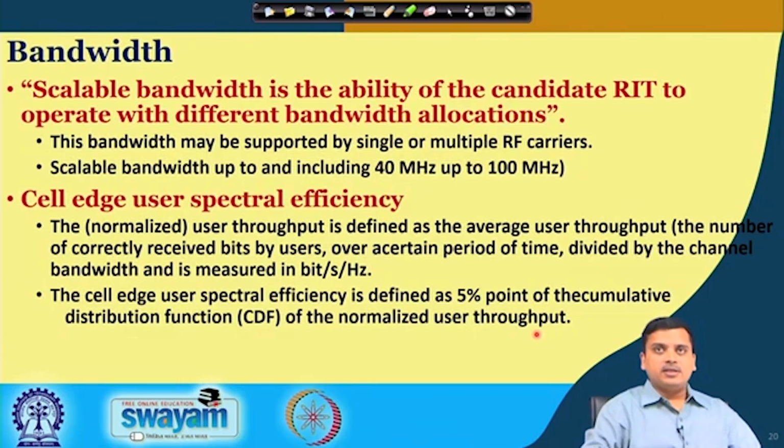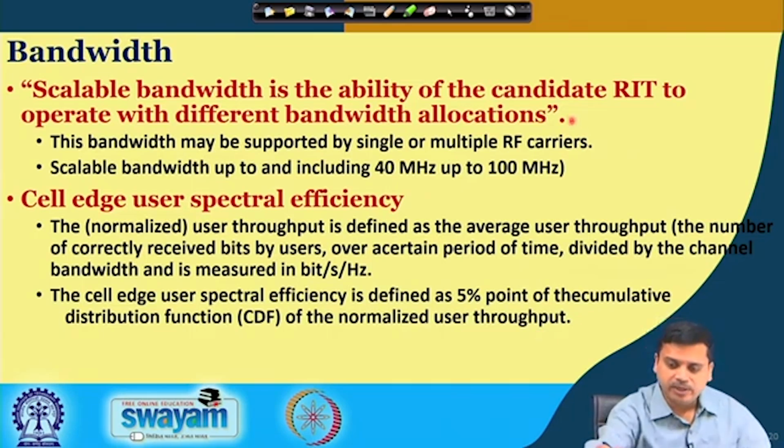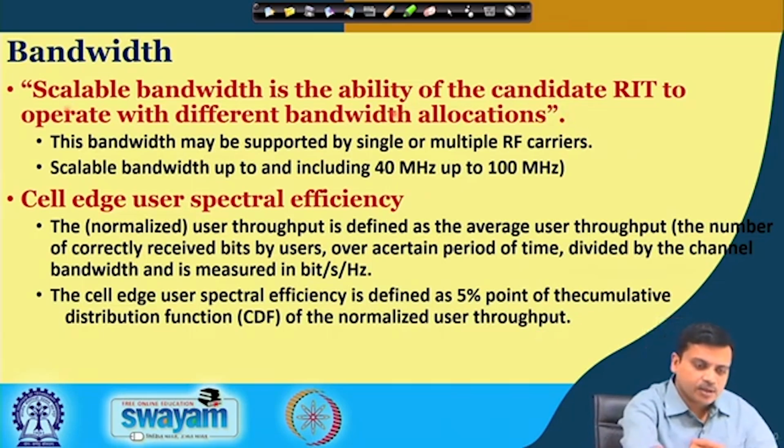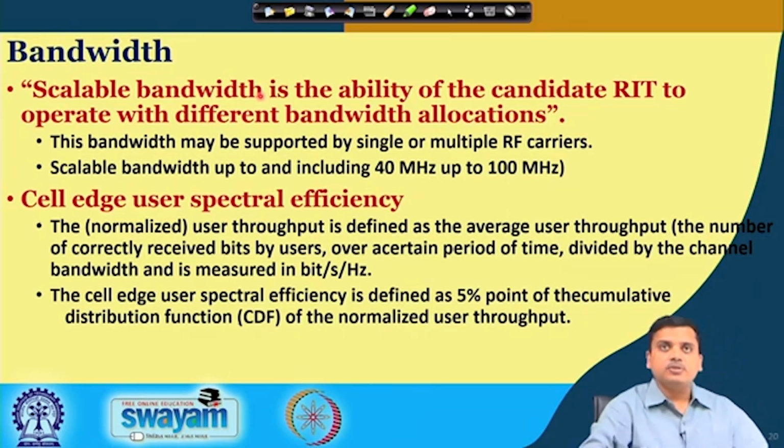The bandwidth is again obviously a very important parameter. Scalable bandwidth is the ability of the candidate radio interface technology to operate with different bandwidth allocations. What it means is that the system should be able to access lower bandwidth as well as larger bandwidth as per necessity or allocation.